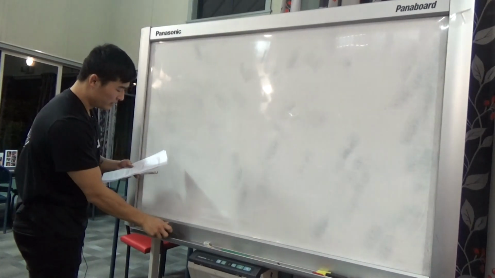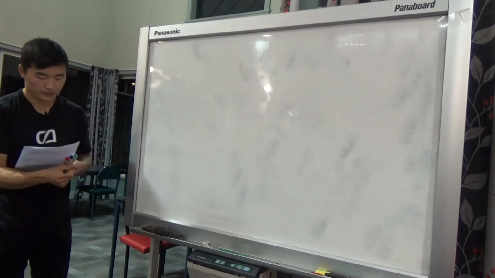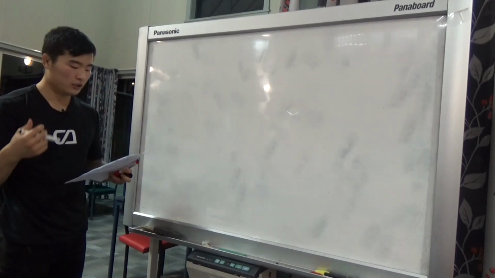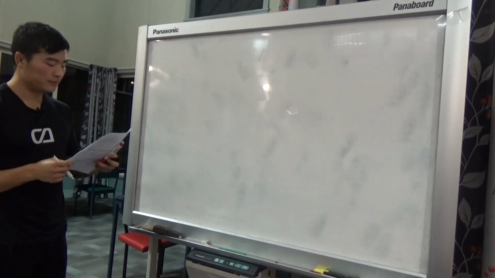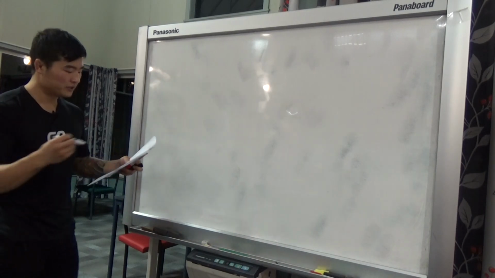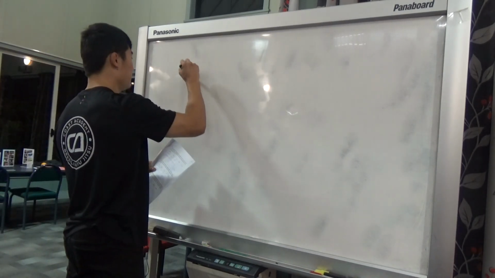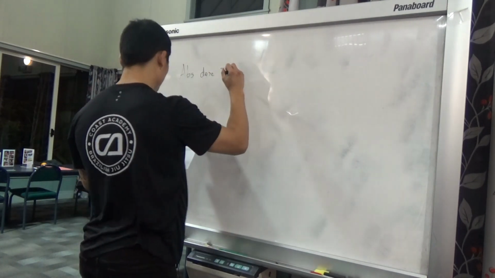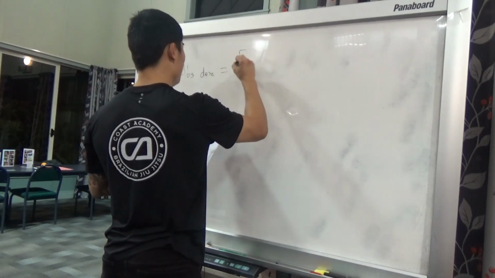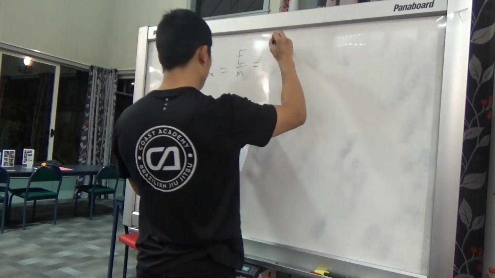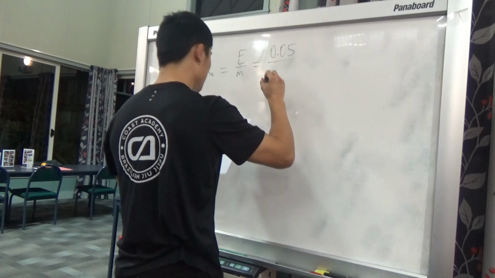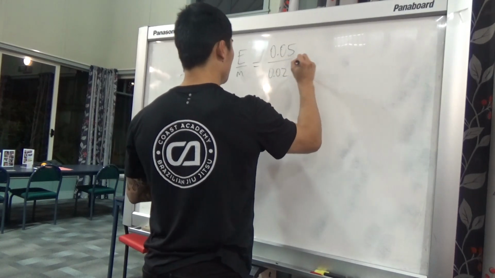Number 11, we've got a 20-gram tumor irradiated with beta radiation, so that a total of 0.05 joules of energy is deposited. What's the effective dose? So exactly the same. Absorbed dose is equal to E over M, which is 0.05, and the mass is 0.02 kilograms.